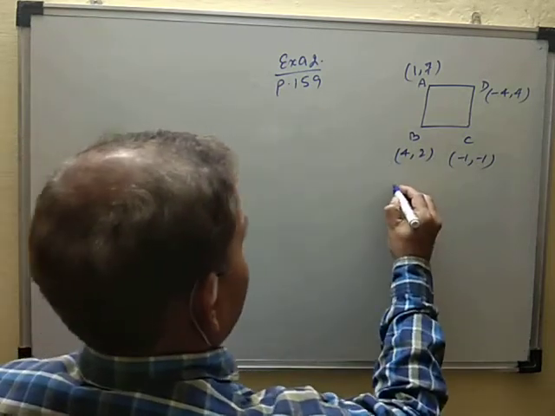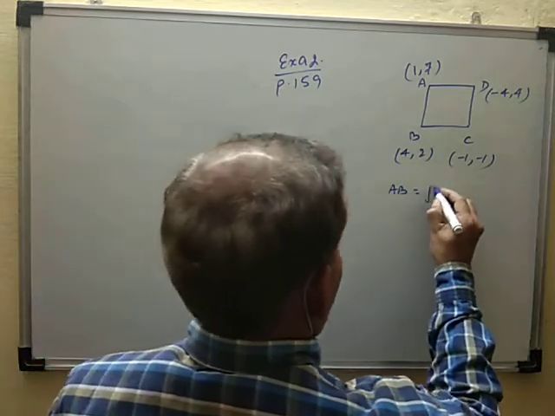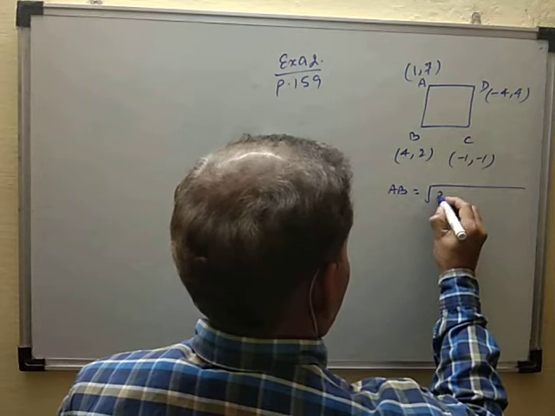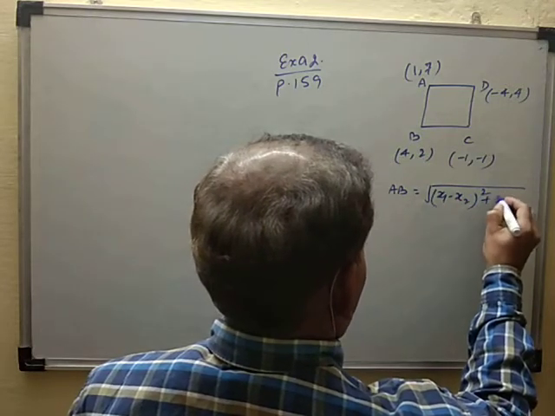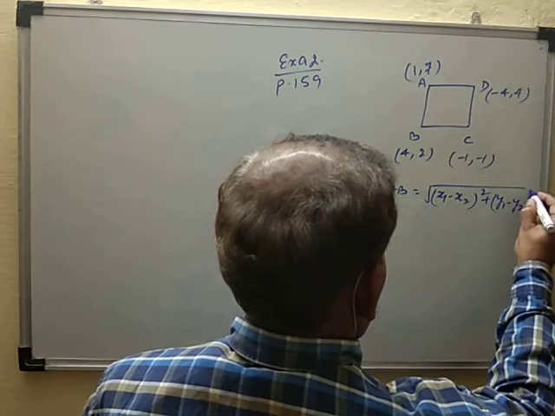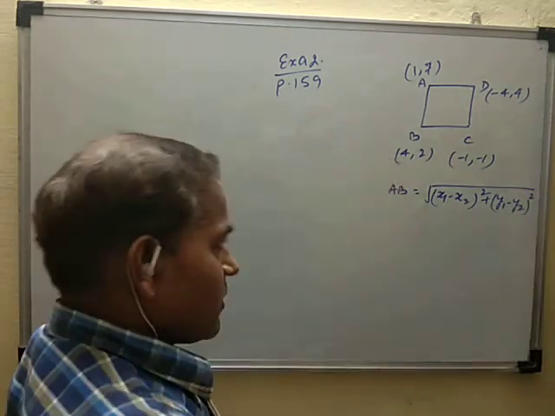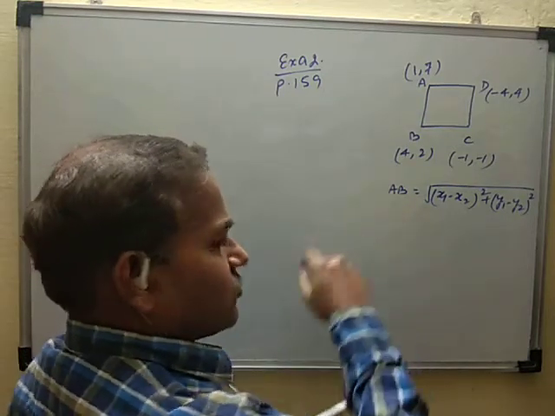So first find AB. Distance AB is equal to, what is the formula? Distance formula: square root of x1 minus x2 whole square plus y1 minus y2 whole square. For AB, first point suppose x1, y1, second point suppose x2, y2.